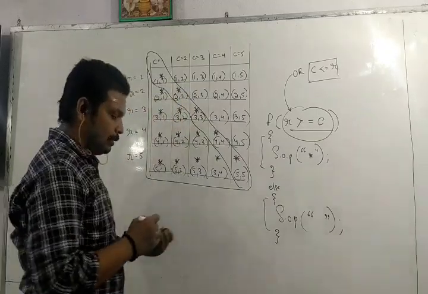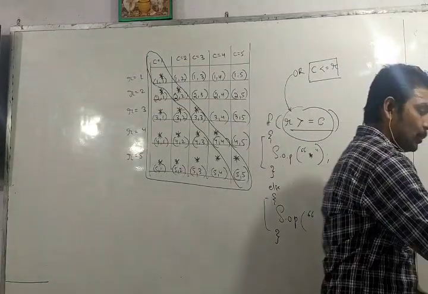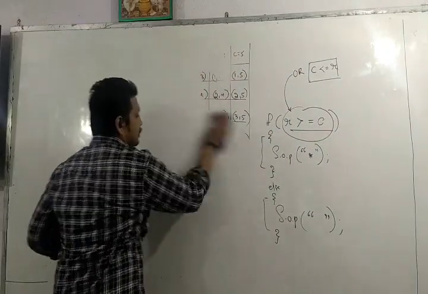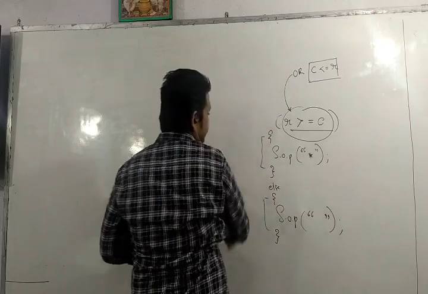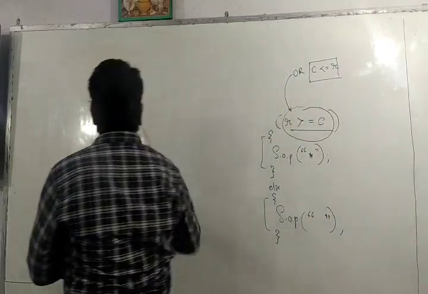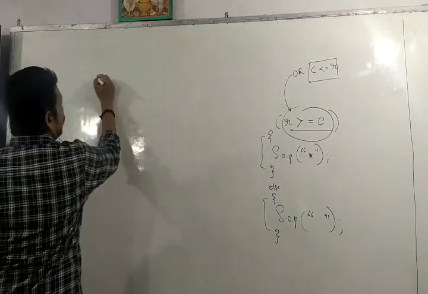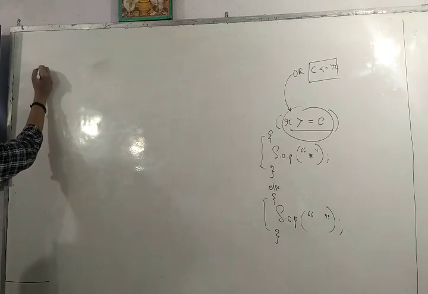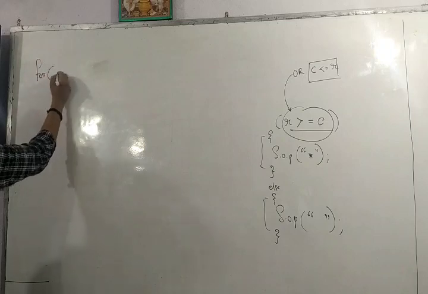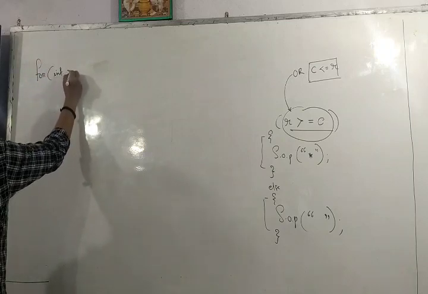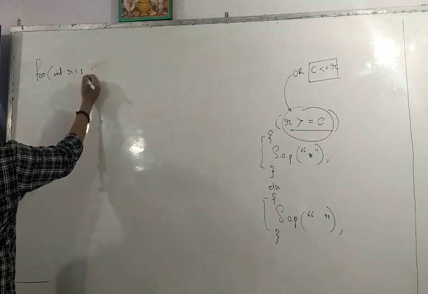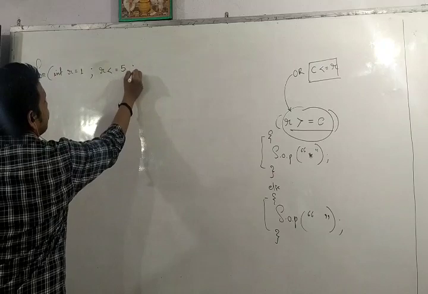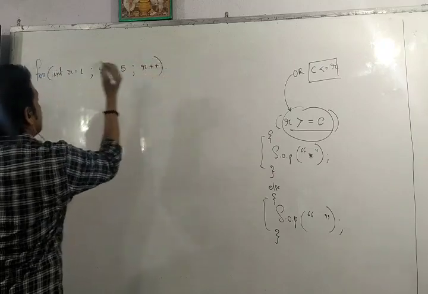Now let me write the program. Listen. See, for int R is equal to 1, R less than or equal to, suppose, 5, then R plus plus.